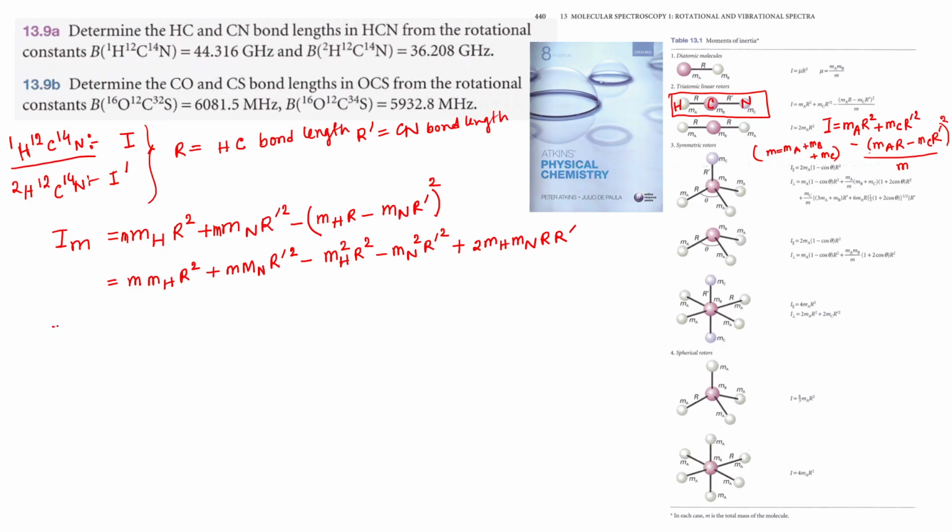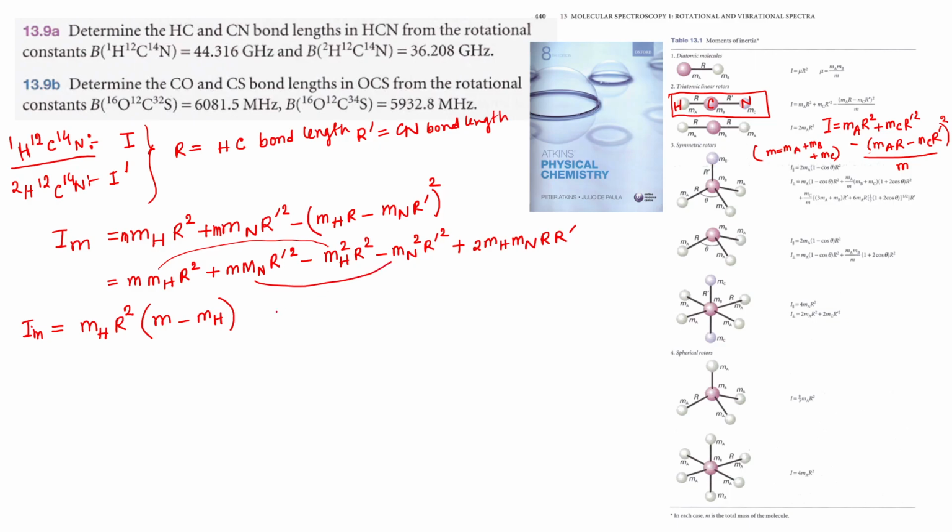Okay, so we will take common, Im means I into M. We are going to take mH R square common, so we get M minus mH, right, from these two terms.